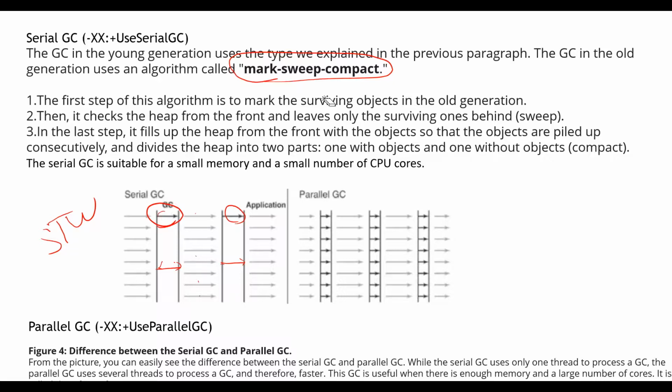So what is parallel GC? You can see the difference clearly. Instead of a single thread, there are multiple threads for GC. Earlier in serial GC, there was only a single GC thread doing marking and sweeping first, then the compaction. But in parallel, there are multiple threads because we have more CPU cores.